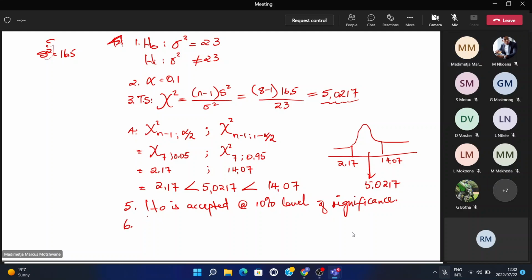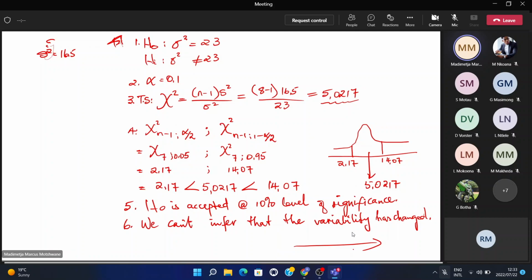So we can't infer that the variability has changed. That's our story.